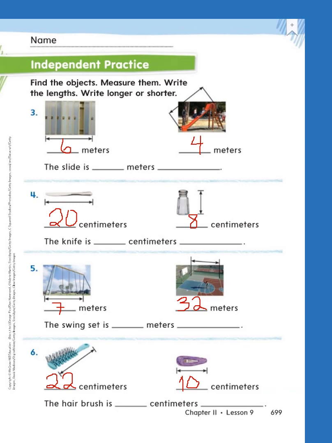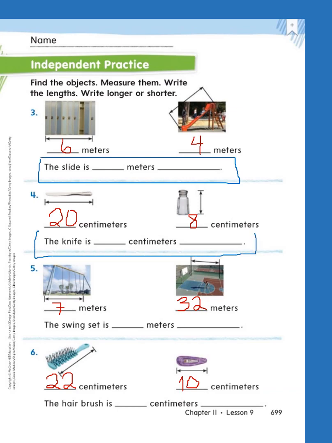So everybody should have this filled out. What you're doing in your assignment is you're completing these questions that talk about which one is longer or shorter, and by how much. Okay, hopefully that makes sense. Let's go on to the next page.